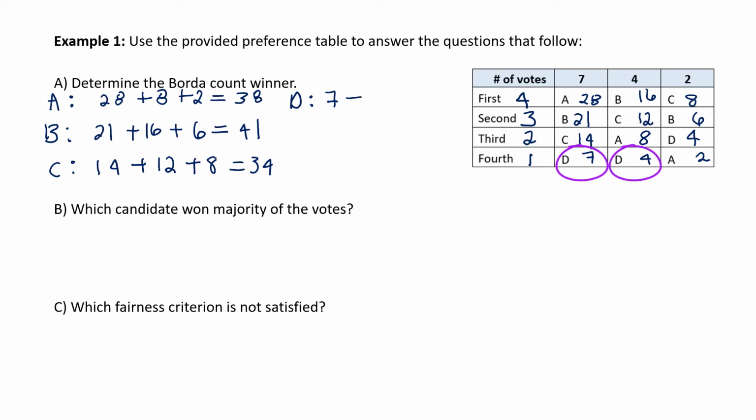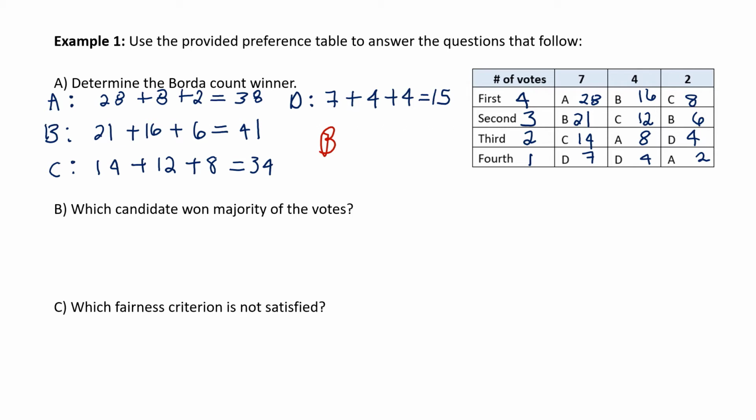On the next one, 4. And on the third one, 4. So the sum of those 3 is 15. The Borda count winner is B. 41 total points, more than all the other candidates.